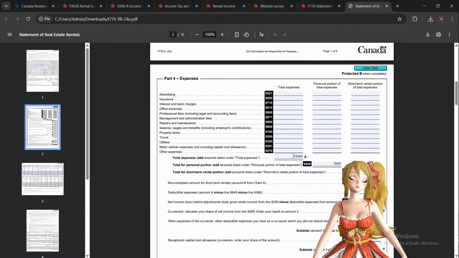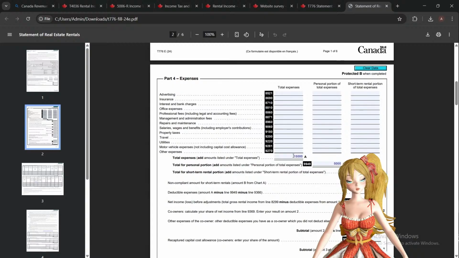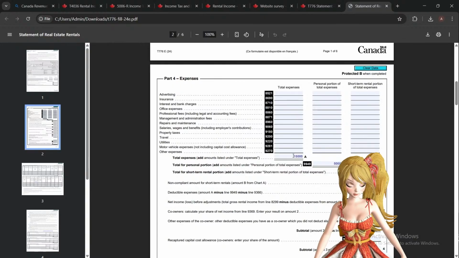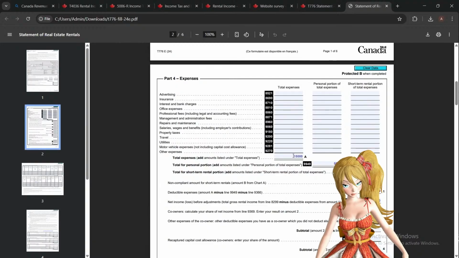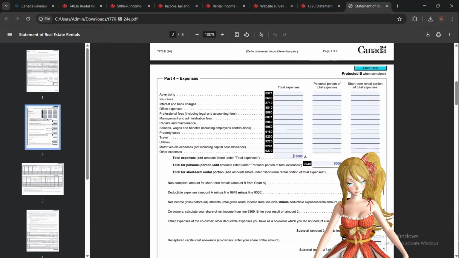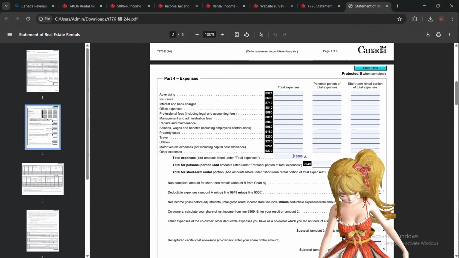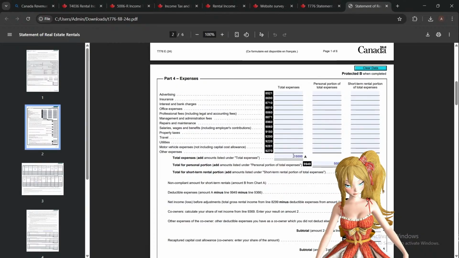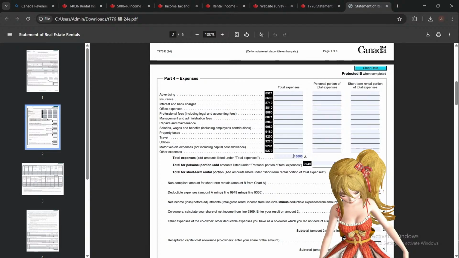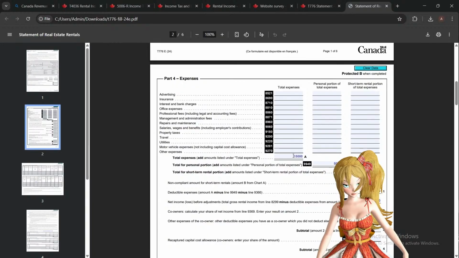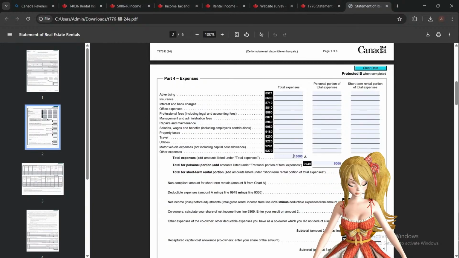Where's my calculator? I'm going to lose track here. Okay, so 15. Why is the total expenses adding to my deductible? Minus the personal expenses, 5,000. Minus the amount I'm owed, 4,000. So that's 6,000. Deductible expenses is 6,000.